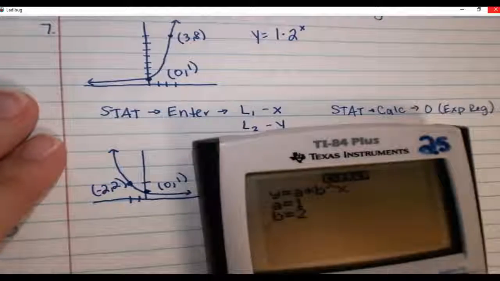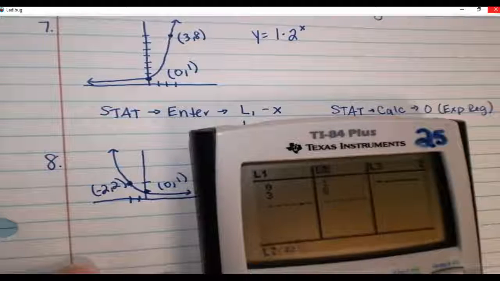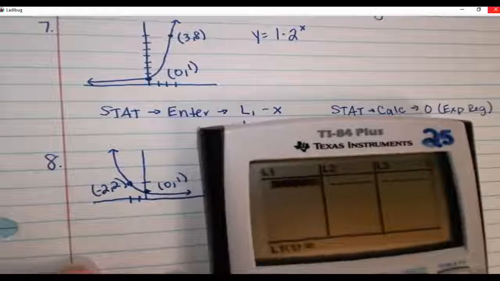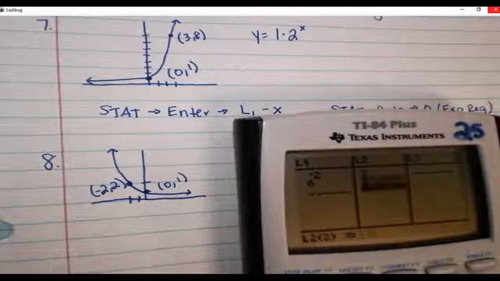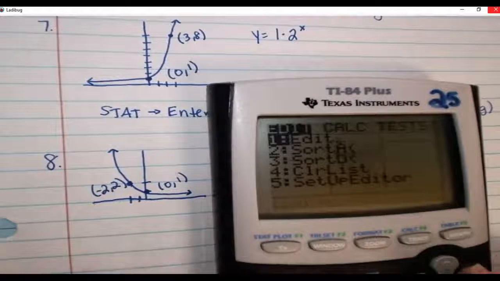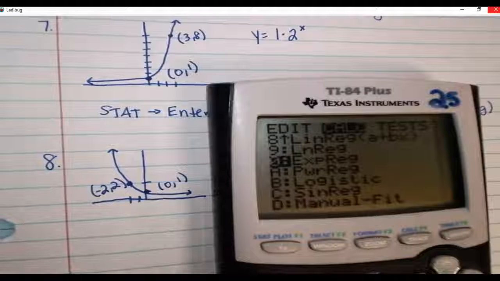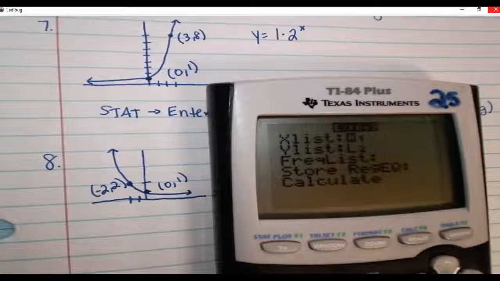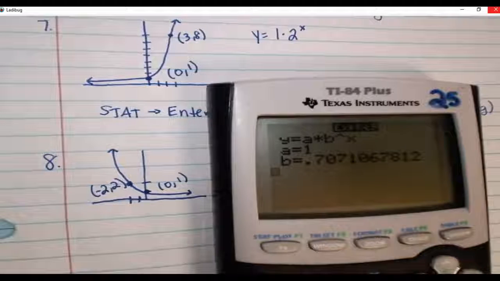So again, we go to stat, we hit enter. You can clear out what's there by hitting clear and enter. Do not hit delete. So x's go in L1, y's in L2, and then stat, calc, 0, and there it is.